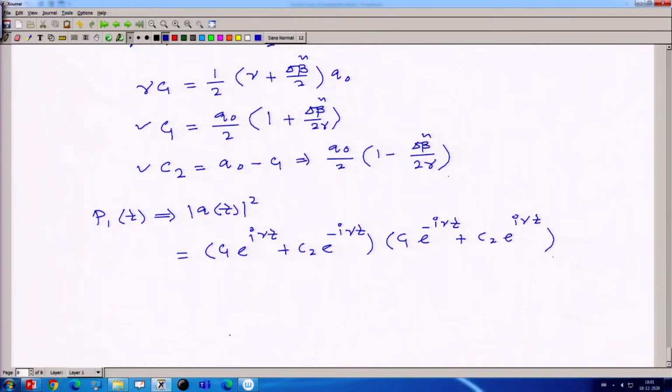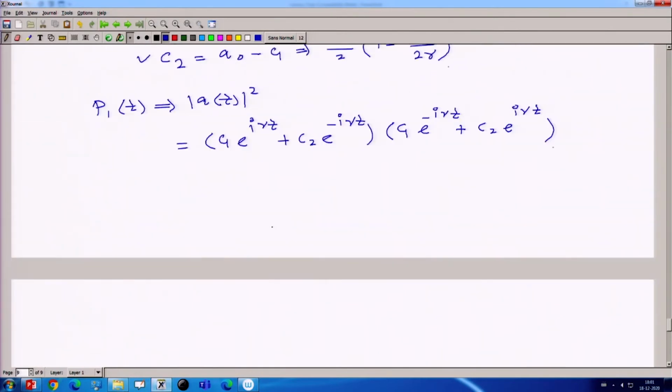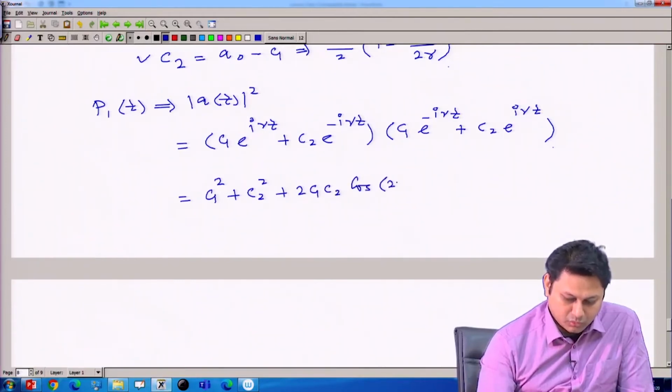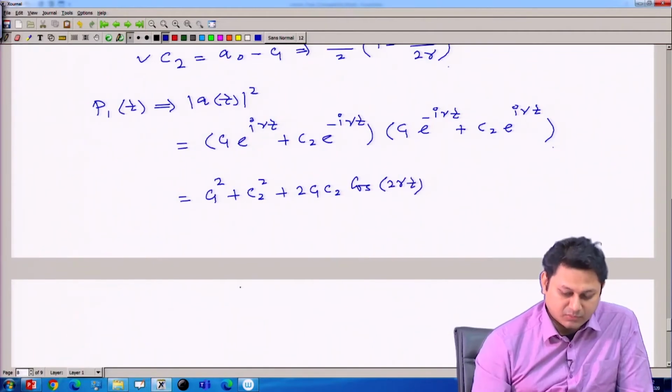Note that C1 and C2 both are real, so that is why I should not put any kind of star over here. Well, these things can be written as C1 square plus C2 square plus 2 C1 C2 cos of 2 gamma z. If I multiply, you are going to get this one.